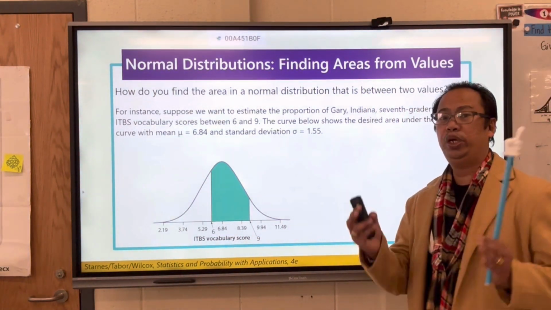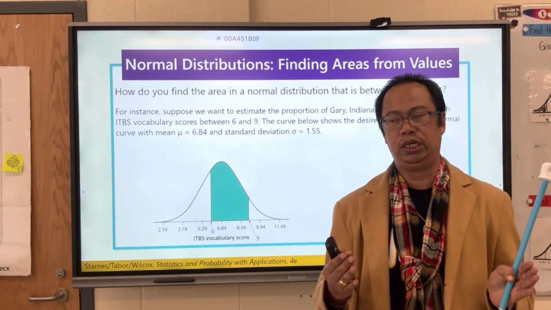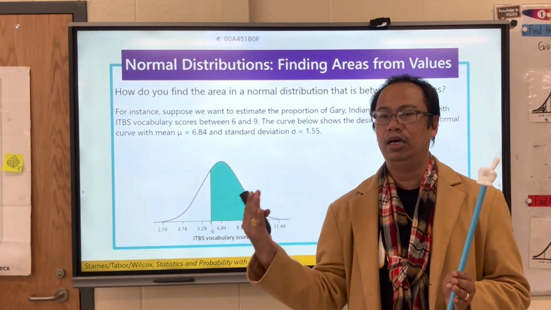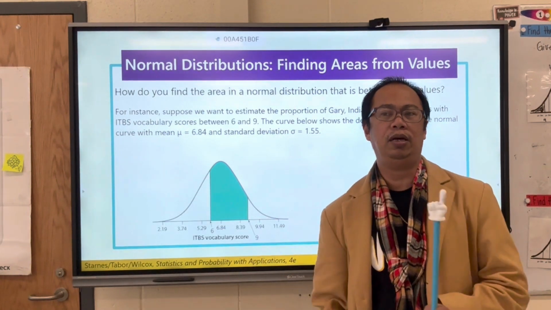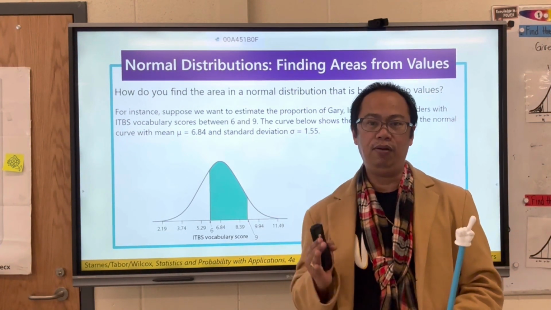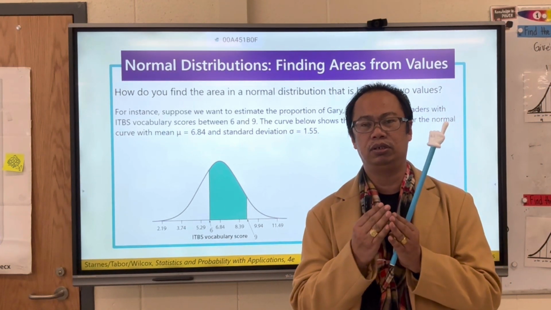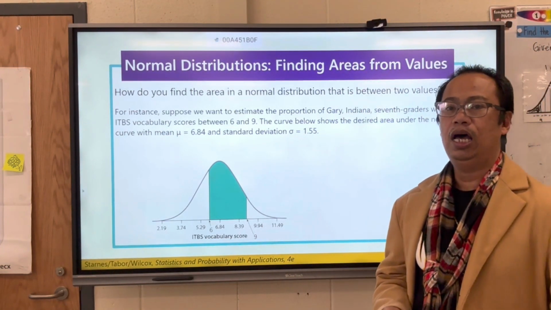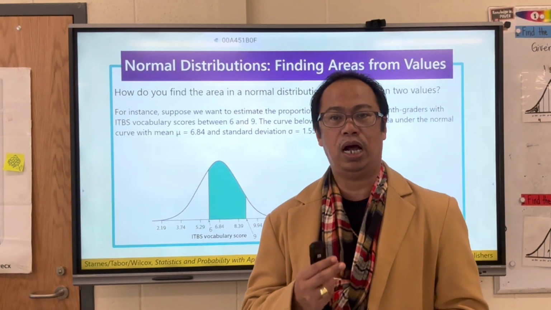This time we have the lower boundary and the upper boundary. Earlier we just had one boundary, going to the left or going to the right. This time we have the left and the right, but the shaded region is in the center. So that is the other thing that we have to calculate.